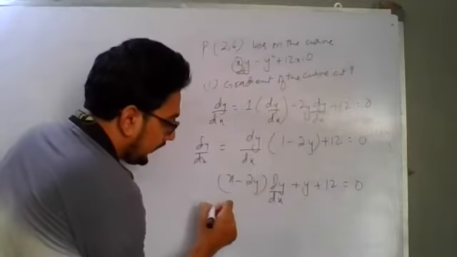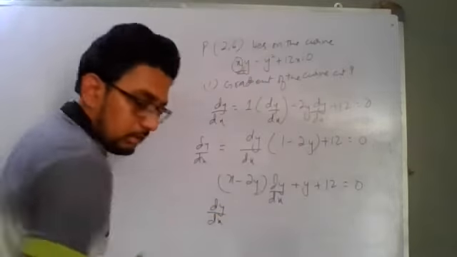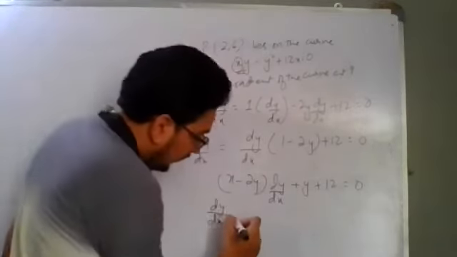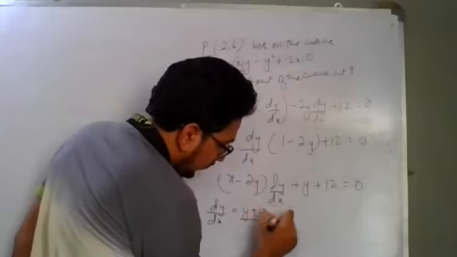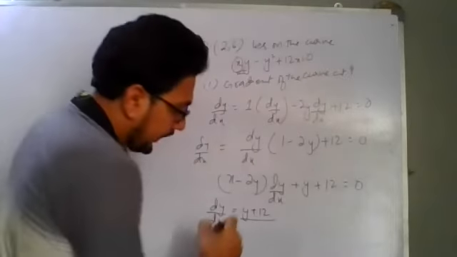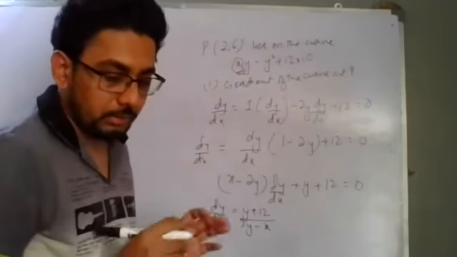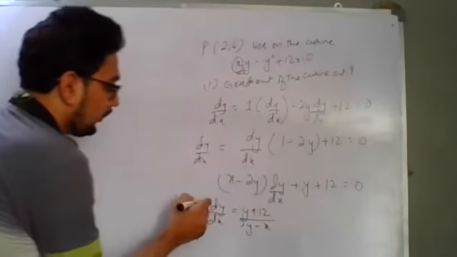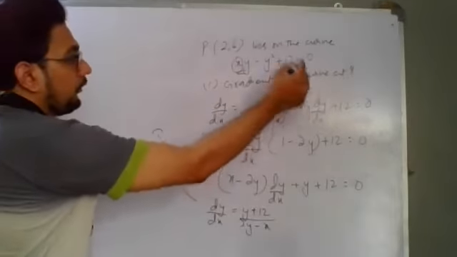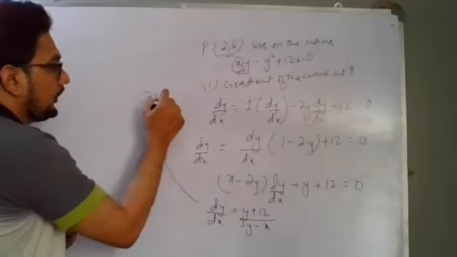So finally, dy over dx would be y plus 12 divided by 2y minus x. Now, at which point do we have to find it? At P, that is (2, 6).